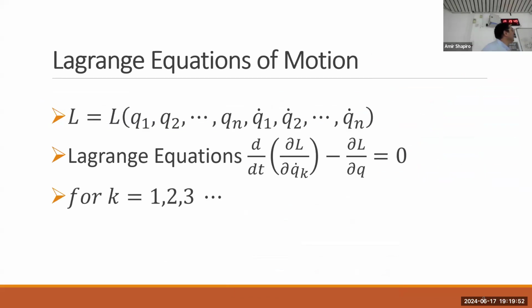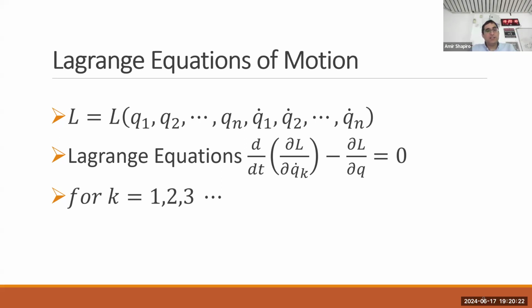So if we have the Lagrangian, which is a function of q1 and q2 until qn, and q dot 1 to q dot n, the Lagrange equations of motion is simply d to dt of dl to dq dot k minus dl to dqk.